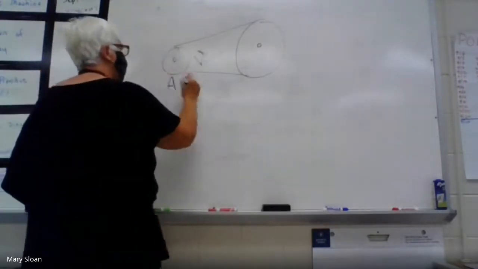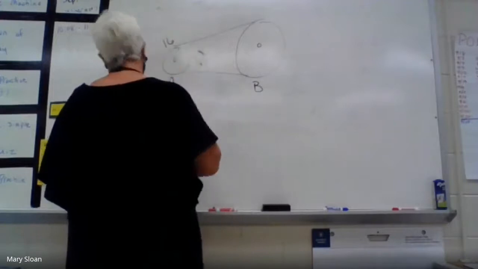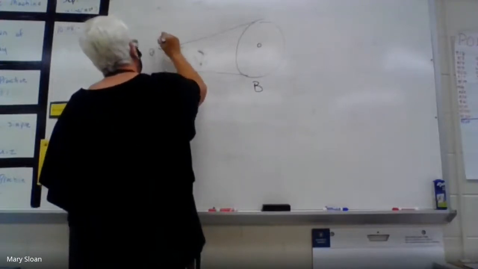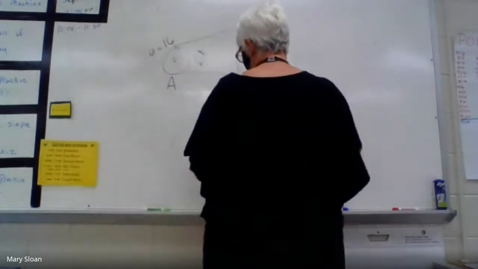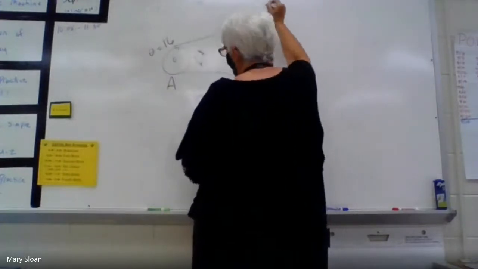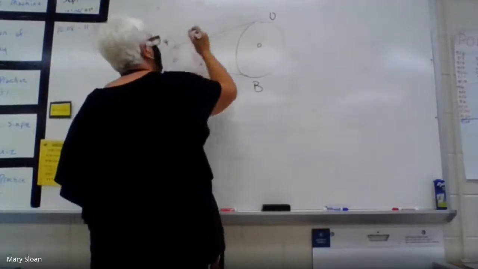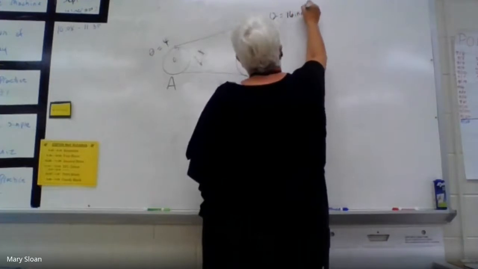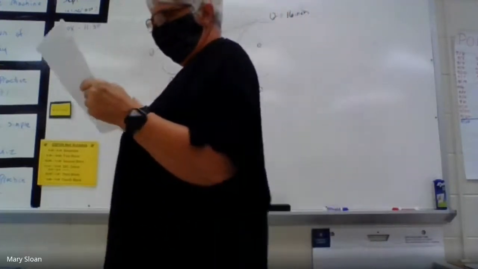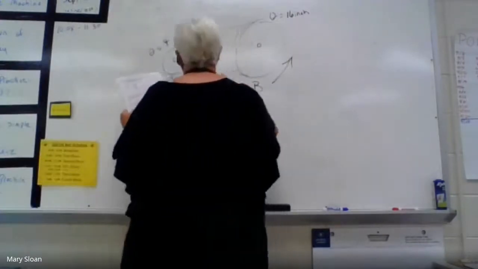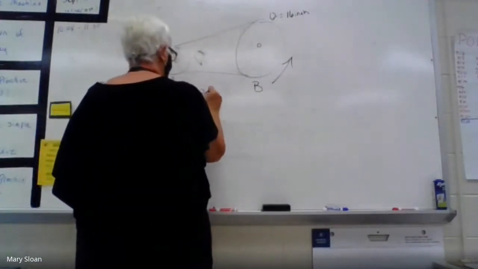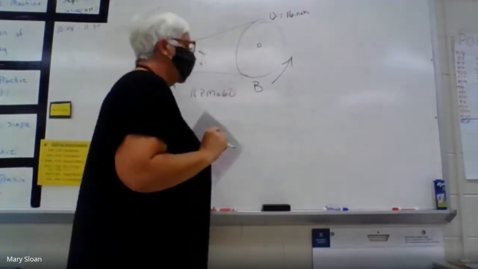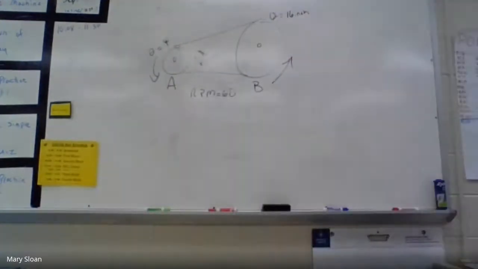So we have A and B. This one is 4, and this one, B, is 16. Right? Yes. And it's spinning at 60 RPM. And it's asking us for what is the speed for B, right?